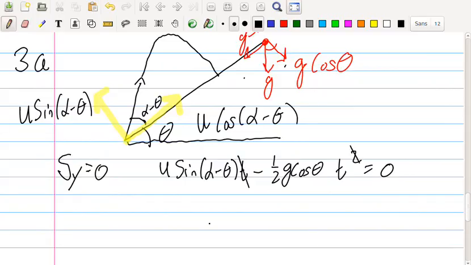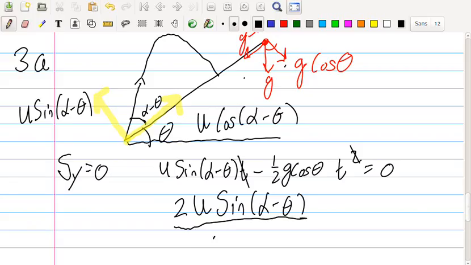The t's cancel. So you can rewrite this as 2u sine alpha minus theta, and then divide that by g cos theta. Yeah, that's it. Let's tidy that up. Okay, that's the time of flight.